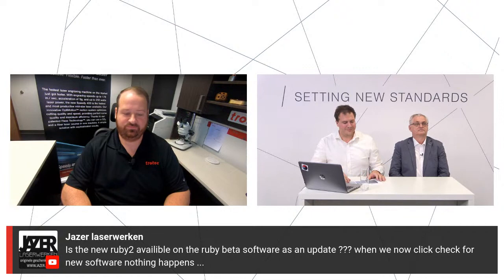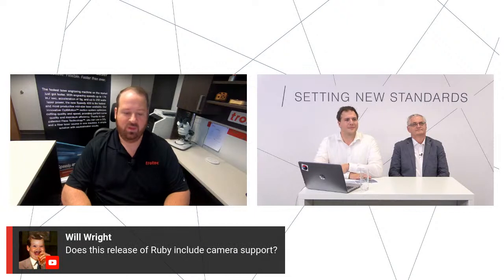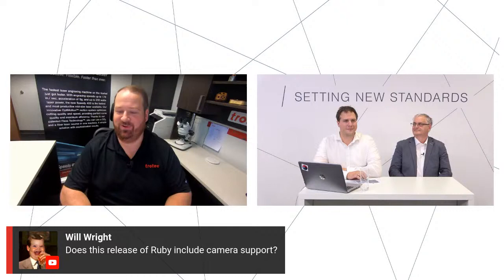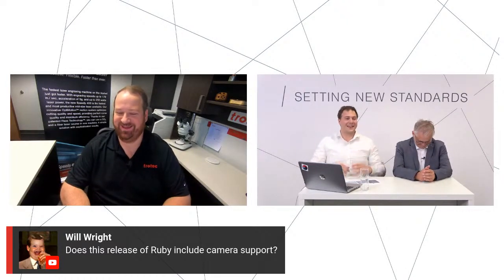Okay, next question. Does the release of Ruby include camera support? Probably another good one for Alex here. Well, I think I mentioned that before. Yes, definitely. So vision for print and cut is included. And of course, there have also been improvements made.